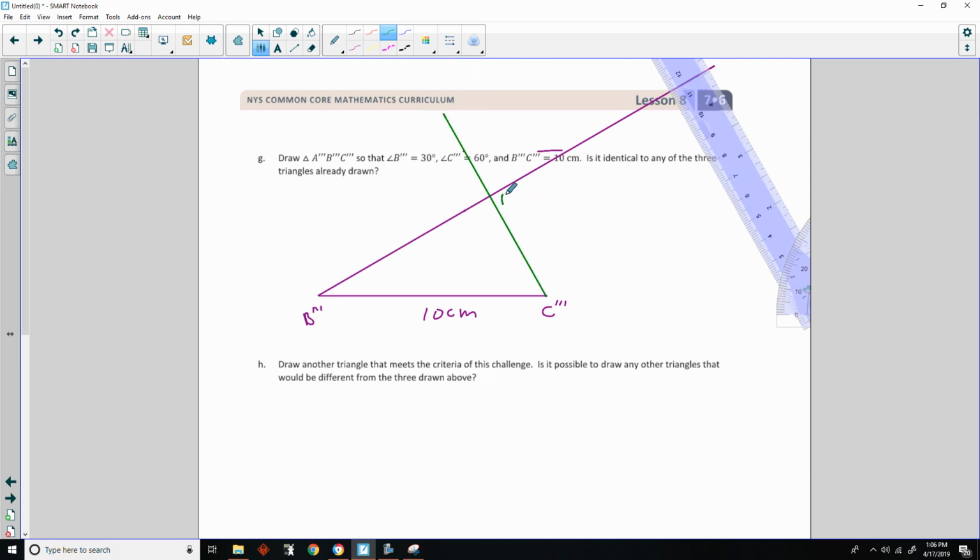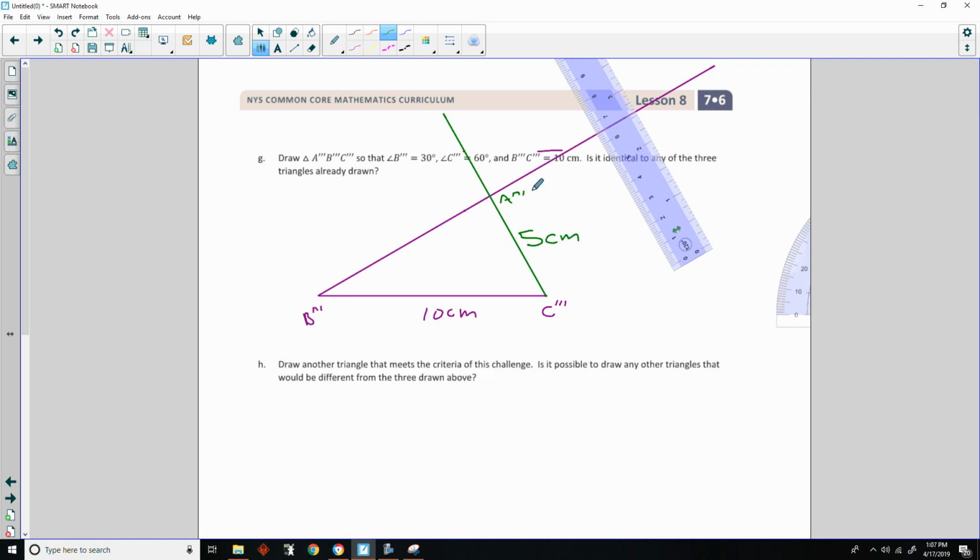Here's A triple prime. Now if I measure that distance right there, I should have done that before I moved my protractor, so I will put it back right there, it's easier. All right, that's exactly 5 centimeters. And this is A triple prime. Then I want to measure what it is from B to A triple prime.